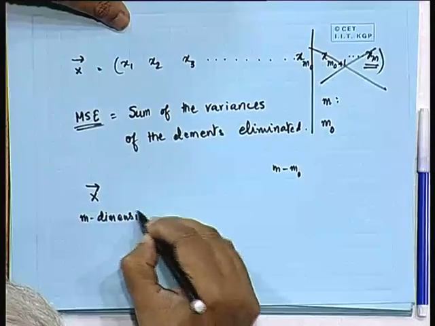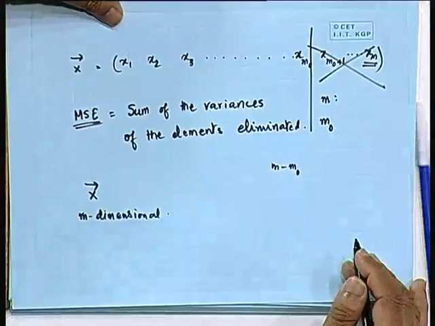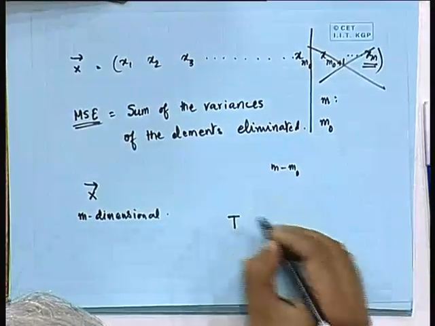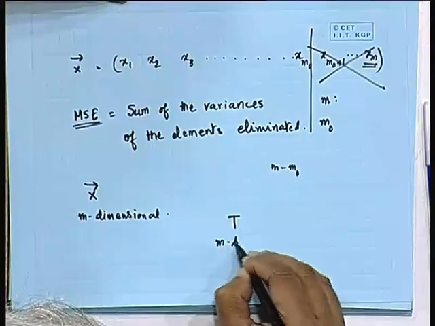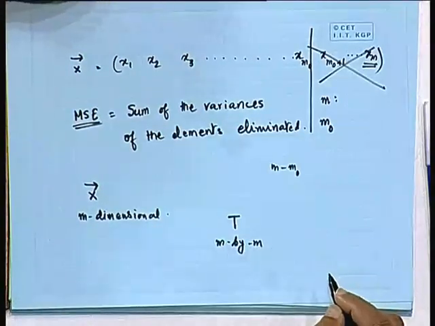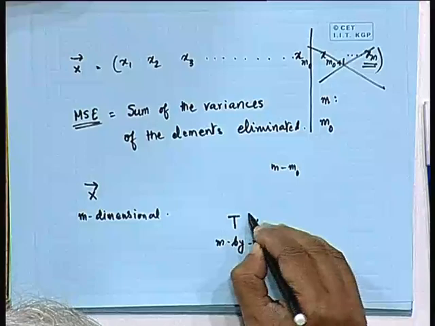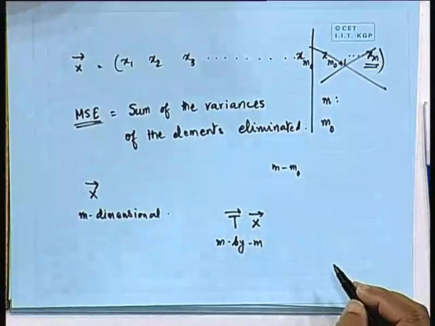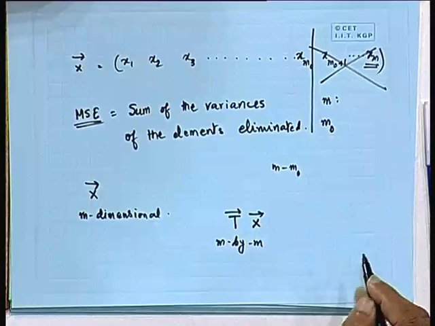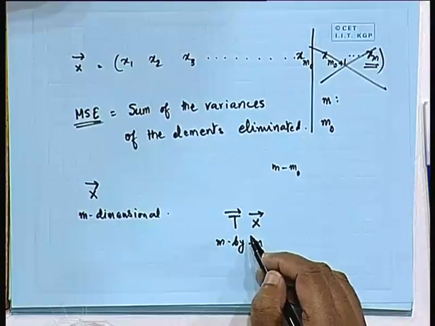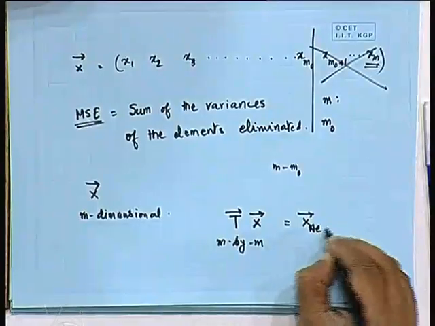If we can design a matrix, let us say a T matrix that is m by m, and we just pre-multiply the x vector with this T matrix, then what results? x is an m dimensional vector, so what results is another m dimensional vector. This is the new vector T x, let us say this is x new.